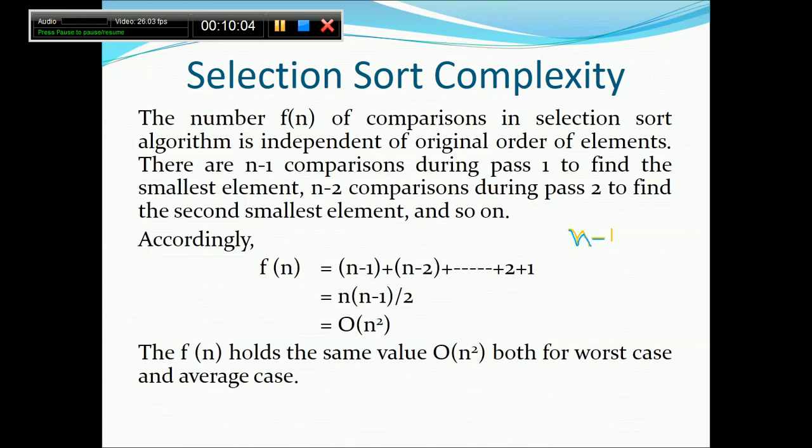Now for every iteration, what are we doing? For the first iteration, n minus 1 is the number of iterations.